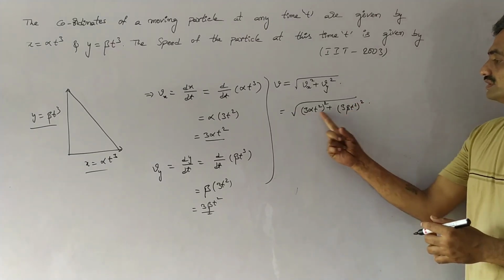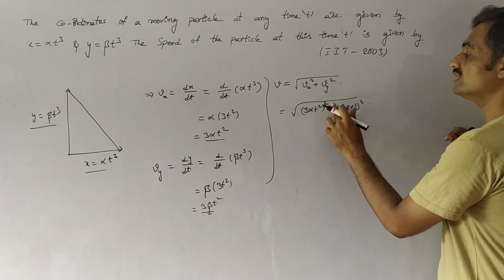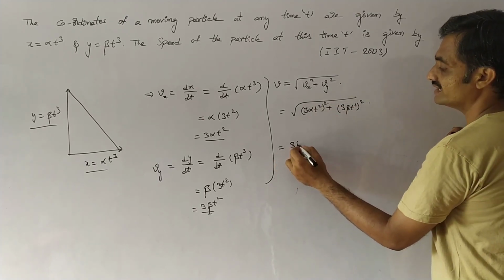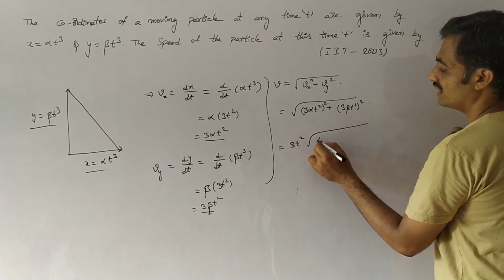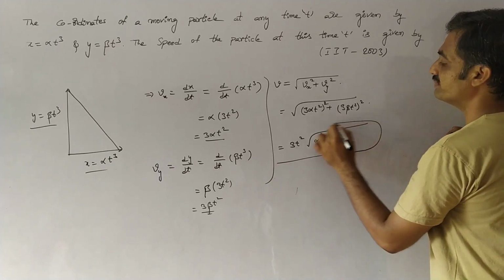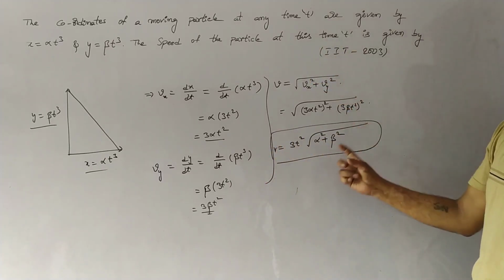From these two equations, we can take 3t square as common, and the 3t square whole square is nothing but 3t square. We can write it as 3t square into root of alpha square plus beta square. It represents the speed of the particle at a time t.